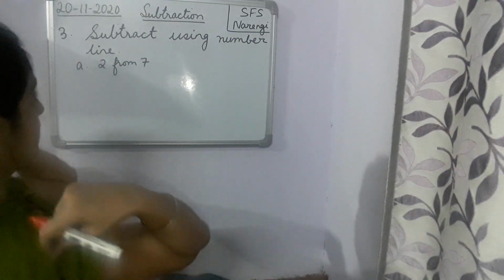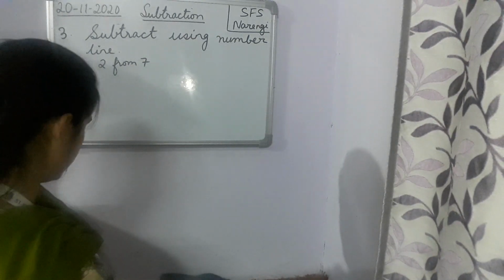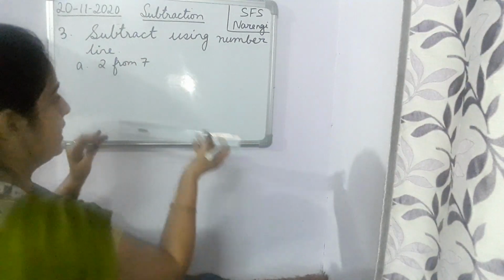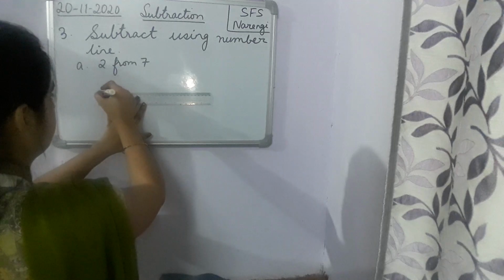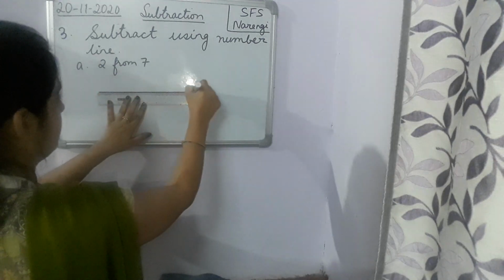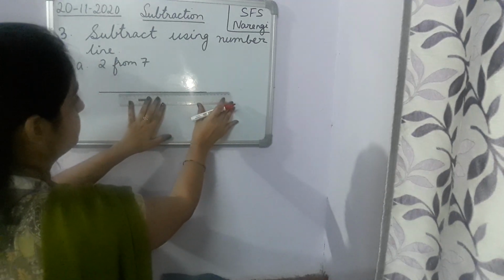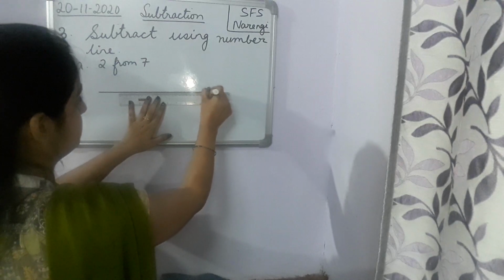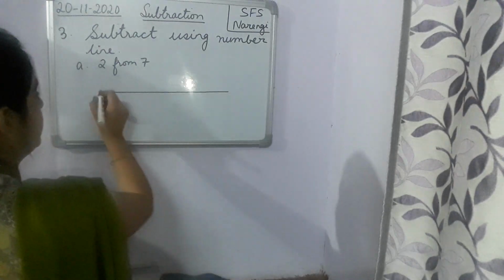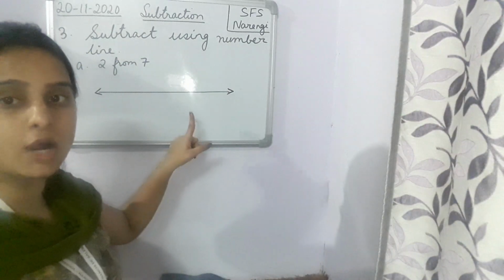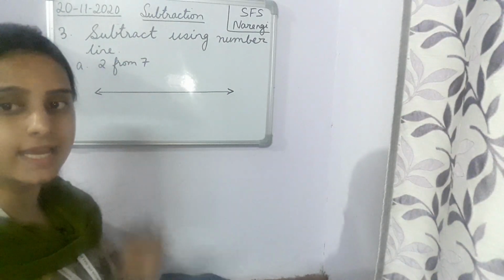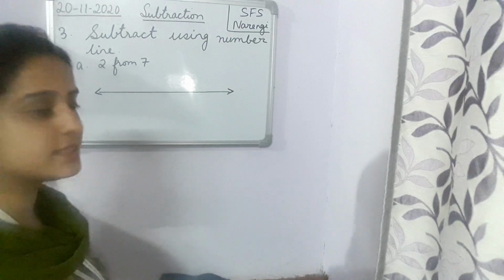Okay, let's start. For number line, children, we have to take our scale, draw a line, give arrows on both the sides, children. Now you have to mark how many numbers on this line? 10 numbers, and it should be of equal space.